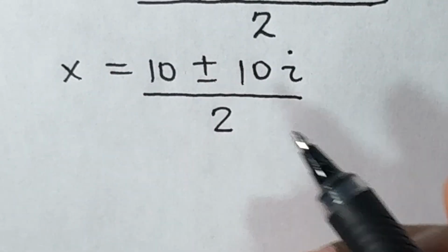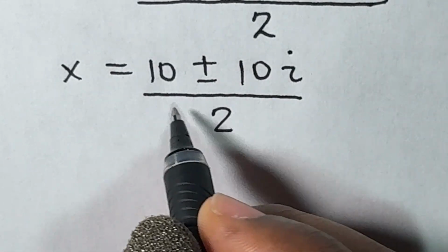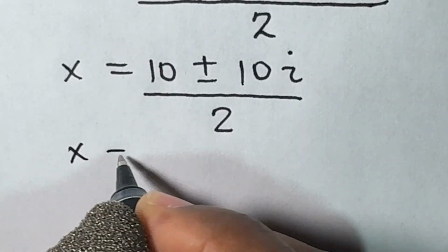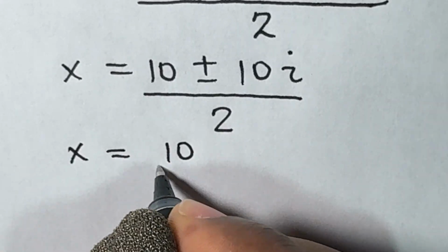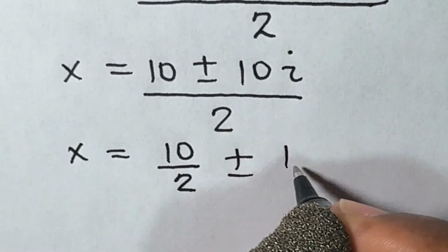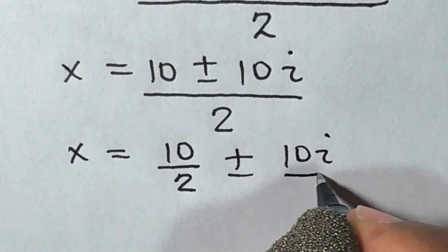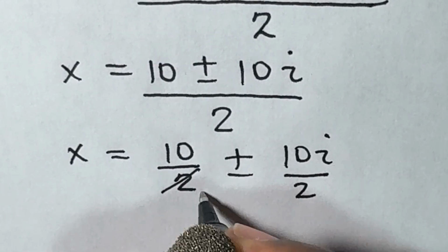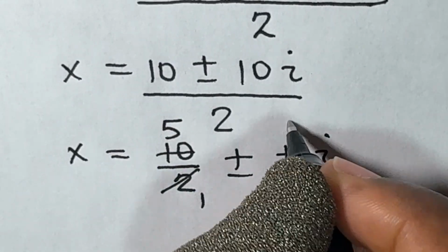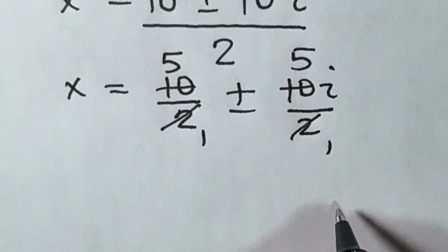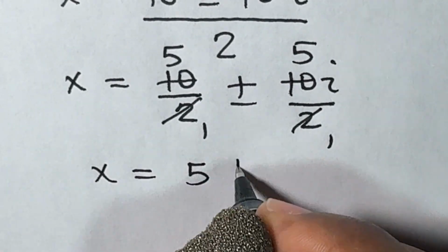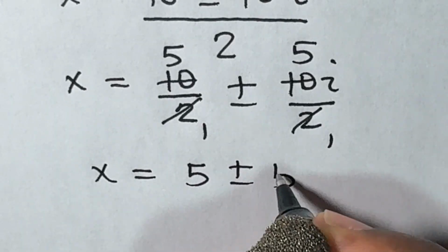We need to separate this plus or minus sign. First of all, let's separate this division so that this gives us x is equal to 10 divided by 2 plus or minus 10i over 2. 2 here is 1, 2 here is 5, 2 here is 1, 2 here is 5. So we have x is equal to 5 plus or minus 5i.